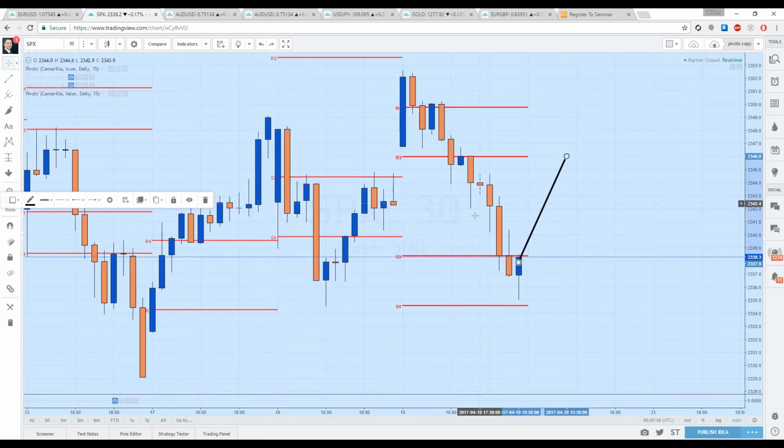We've already traded through the pivot once today, so the process may repeat itself.